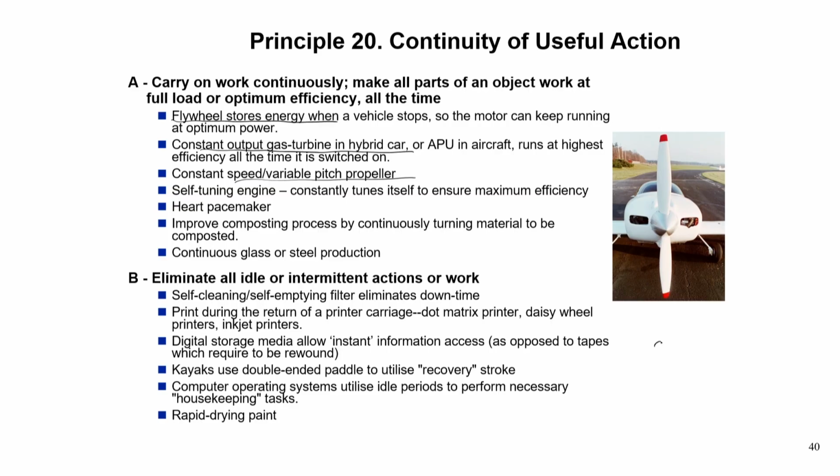I have talked about up to 20 principles in this lecture, and in the next few lectures we will talk about some more TRIZ principles, and then we will talk about how to utilize these TRIZ principles. If you remember, we had these 39 engineering parameters.